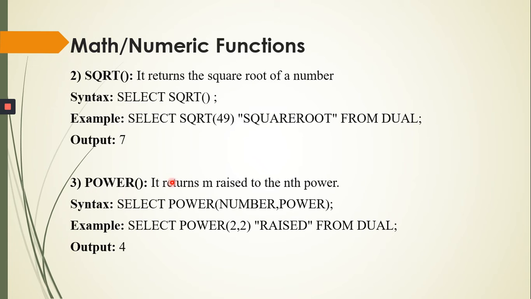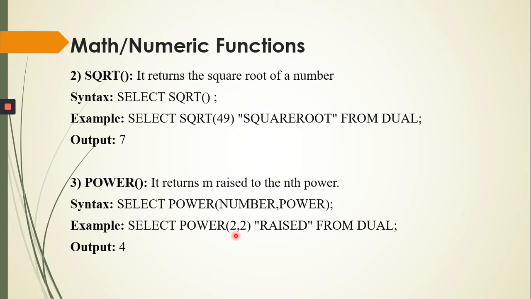Next is power. It returns m raised to the nth power, so 2 raised to 2 means 4. The function is select power. In the bracket we have to give two arguments, that is the number and the power.